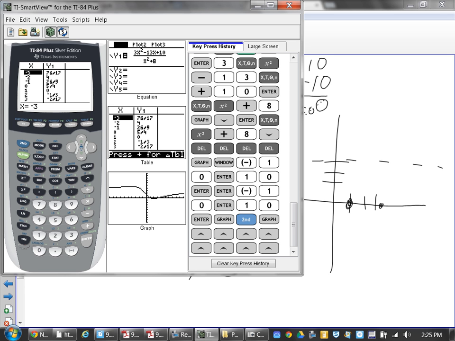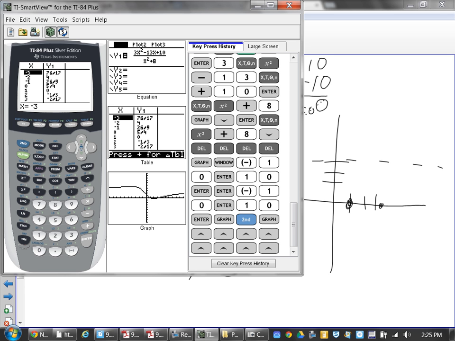It is possible that you could have an asymptote at 3. In this case, you don't. It's not a big deal. That's why they put that little caveat in there about at most. So it's possible you could have it, or it's possible you might not. It's just how it sits itself through. How do you know? You have to look at the table.